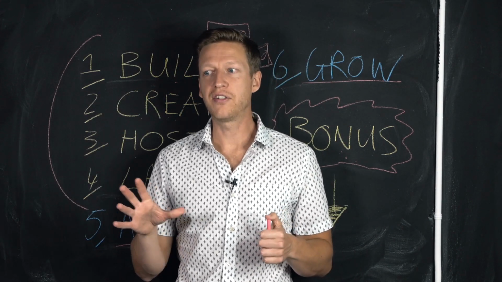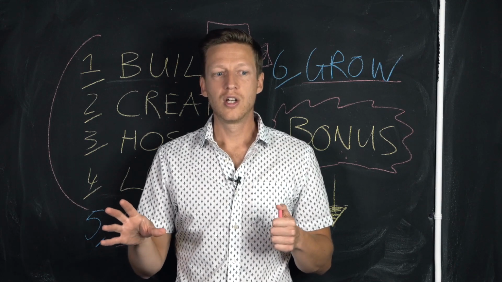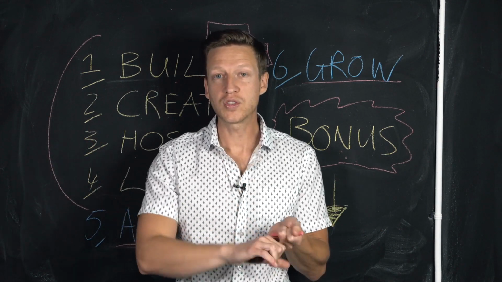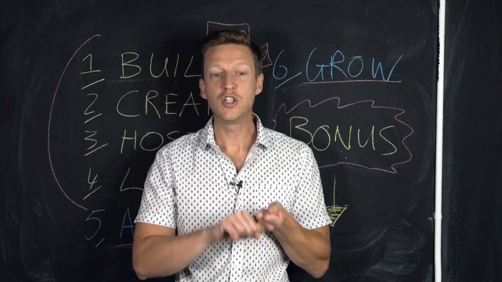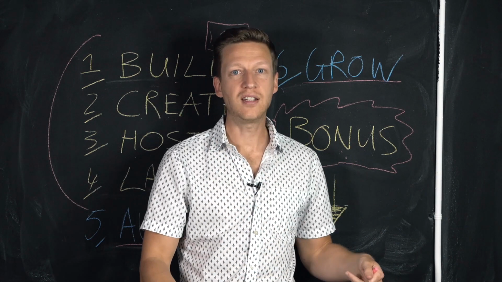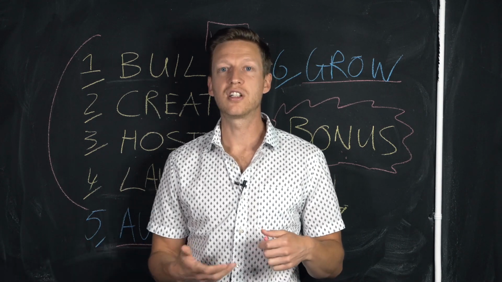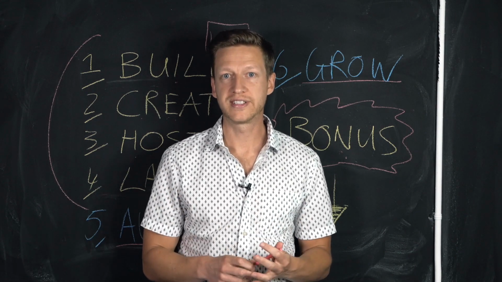And this is the fun part, because once you have all of this set up and you've got a course people like and you've got an automation that works, then you know that creating more content is going to lead to more sales, that your content is actually going to benefit you in a real sense.